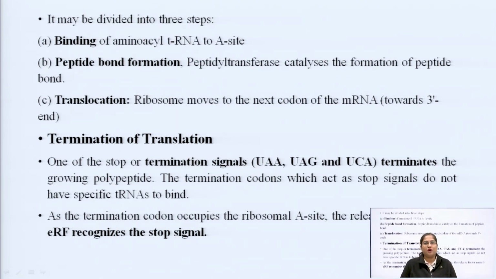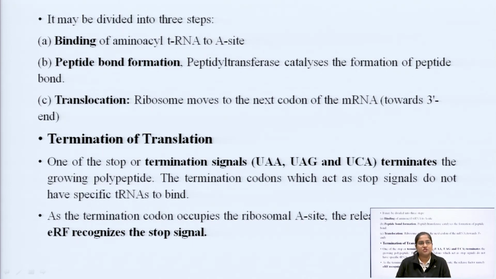Once we have got the desired length of our polypeptide chain, then we need to terminate the steps then and there only. So for the termination, one of the stop signals should be there. There are 3 signals.